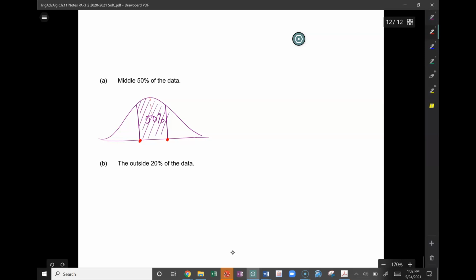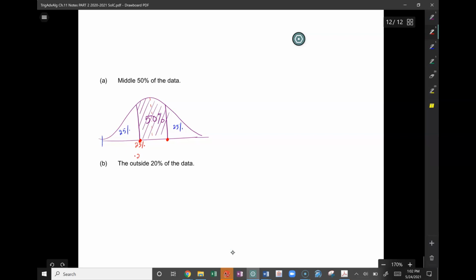The mean is somewhere in the middle here. Okay, so if that inner portion is 50%, how much is left for the outer portions total? 50%, but it's split evenly, so on each side you have how many percent? 25% and 25%. Which means if I start from 0% on the far left, by the time I'm at the first red dot, what percent have I reached? 25%.